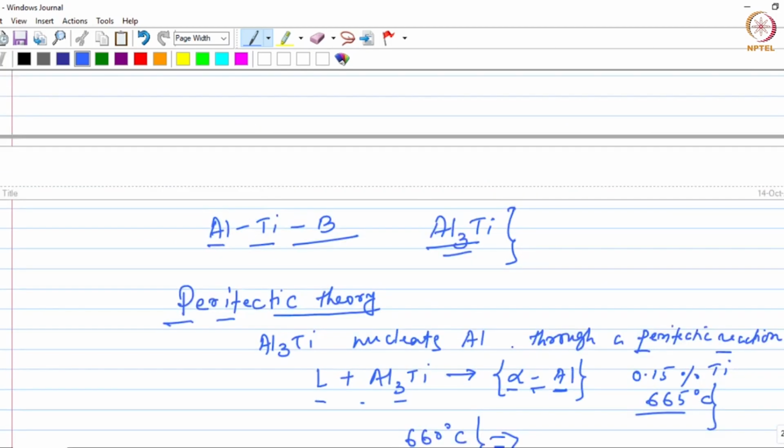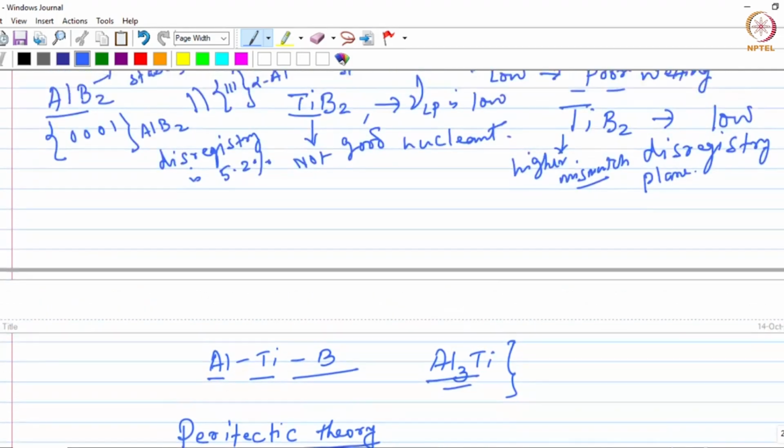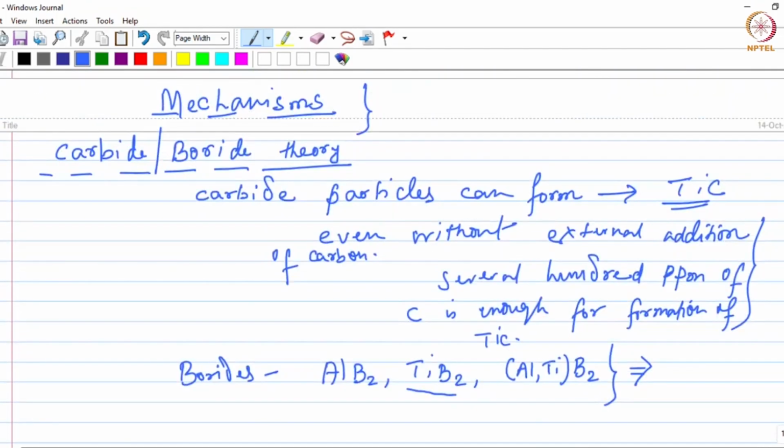So let me summarize the different mechanisms that we discussed today. So today we have talked about the following mechanisms: the carbide-boride theory, which says that carbide or boride particles are present as the heterogeneous surface for aluminium to nucleate.